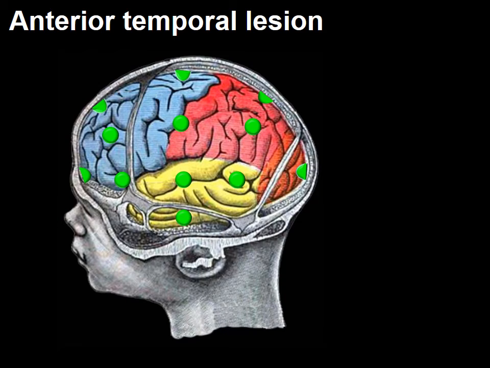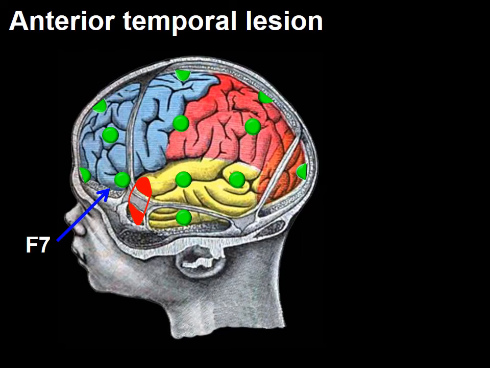Here we have represented the child's brain. In red, I have superimposed the location of a lesion. That is, the lesion is over the anterior temporal region.